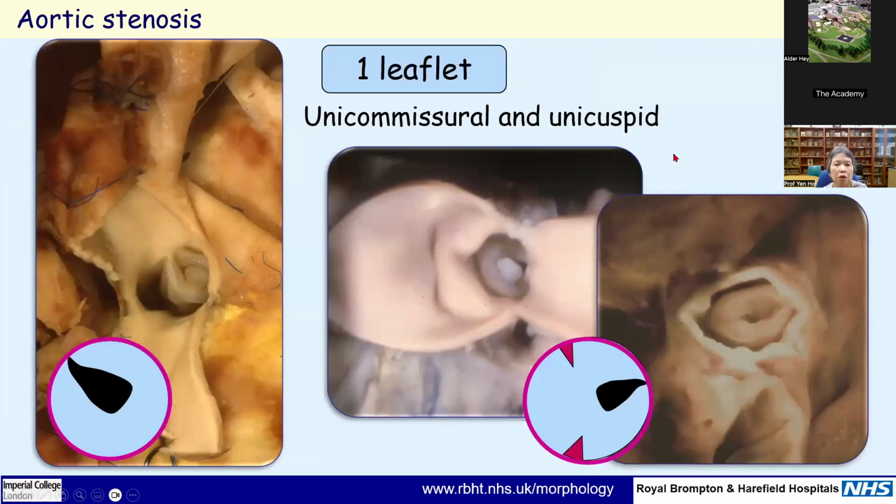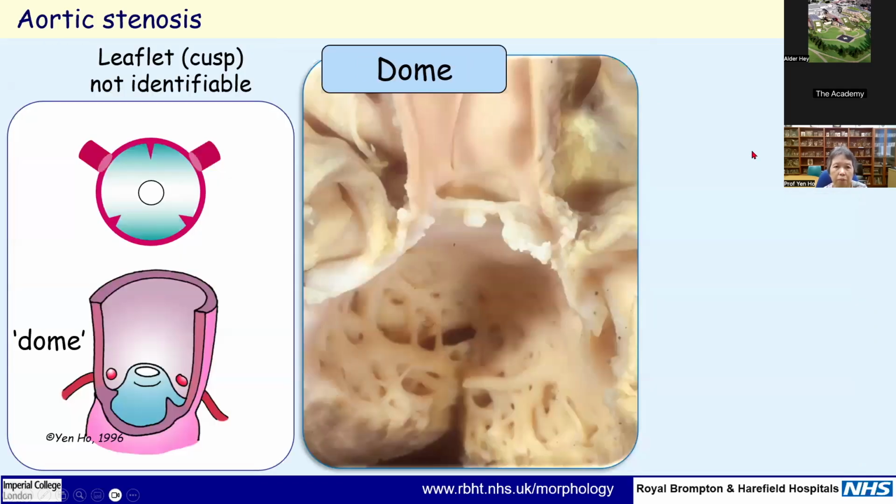Then we move on to those with 1-leaflet configuration, the unicuspid, unicommissural type. You may have this sort of configuration. You may have this kind of configuration with some attempt to form commissures, as depicted in this particular specimen. The dome-shaped valve in aortic position is less common than in pulmonary position.